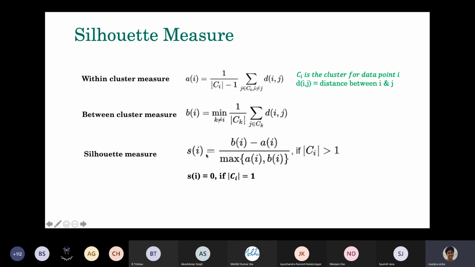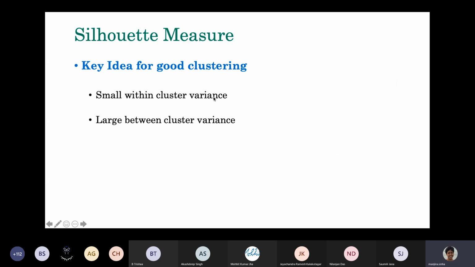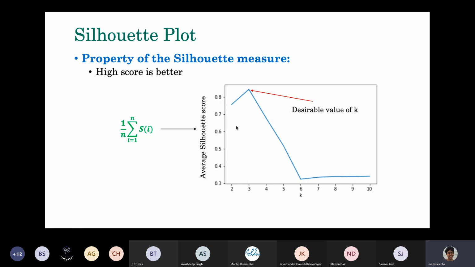If Si is high, that means Bi is much larger than Ai, that means the between-cluster measure is much larger than the within-cluster measure, so it satisfies my two conditions. That is why it is a score, not a loss. It is a score function, so the higher the score, the more desirable the value of K. Approximately at K equal to 3, we reach a peak of the silhouette score, so this is my desirable value of K.